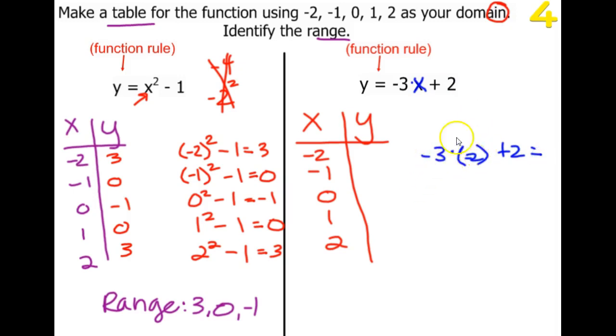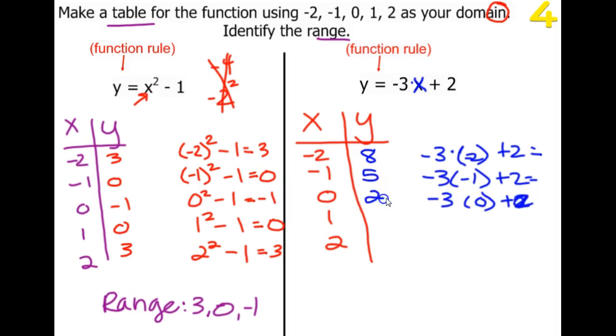Negative 3 times negative 2 makes a positive 6. 6 plus 2 is 8. Then plugging in a negative 1. Negative 3 times negative 1 is a positive 3. And 3 plus 2 more is 5. Then plugging in a 0, anything times 0 is 0. So plus 2 is 2.